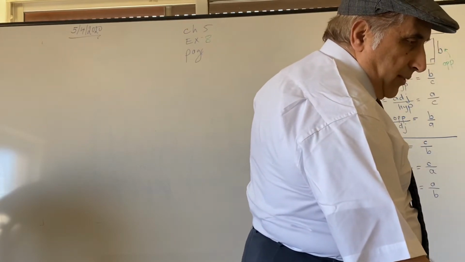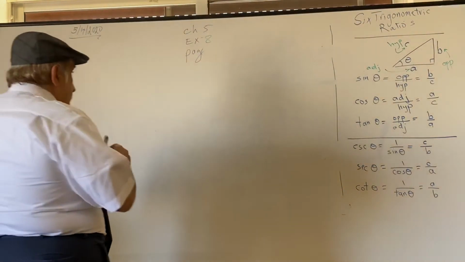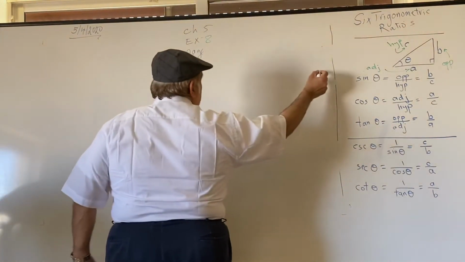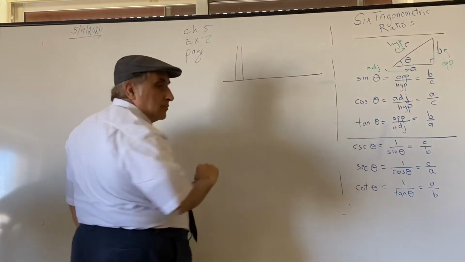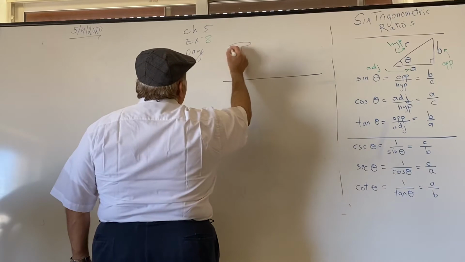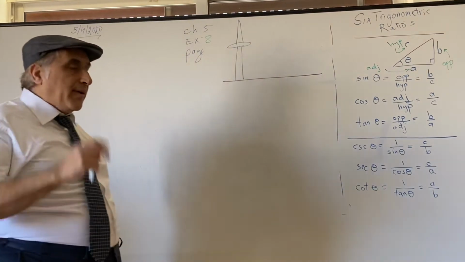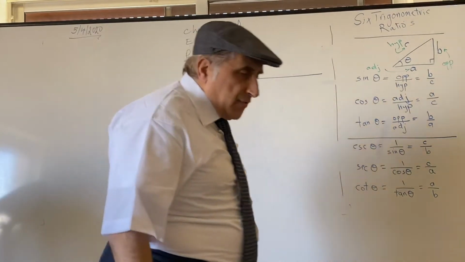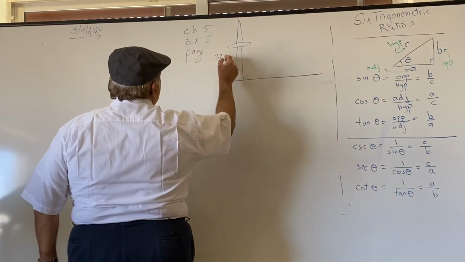What is the question about? We have a vertical tower, very close to Kuwait Tower. The 3 towers, all right? The height of this tower is 328 meters.